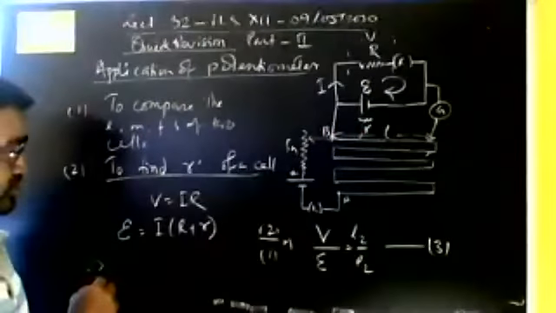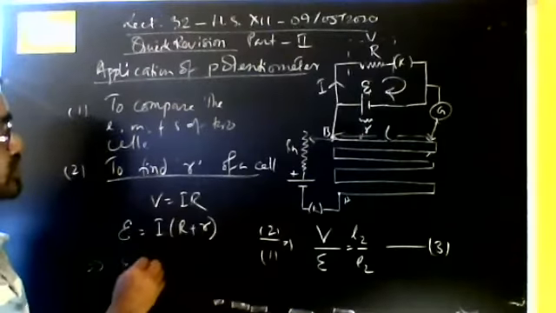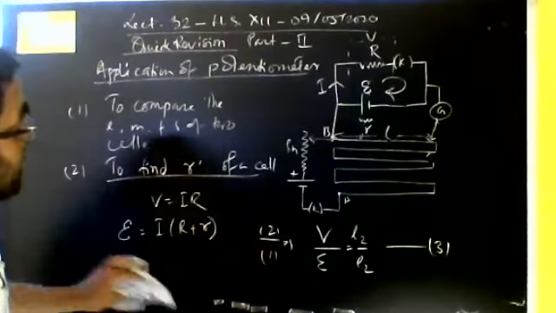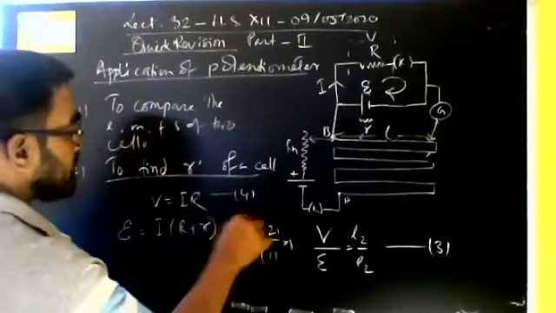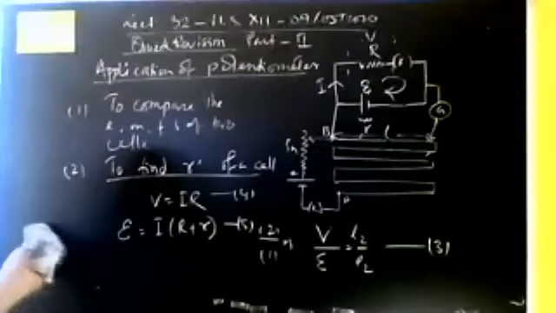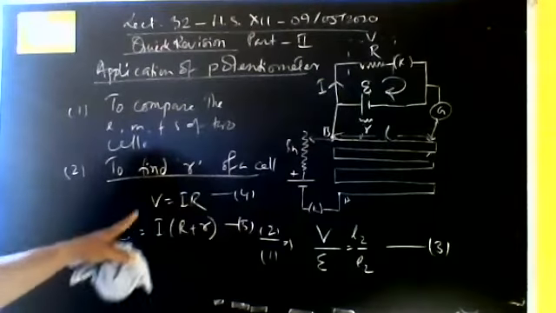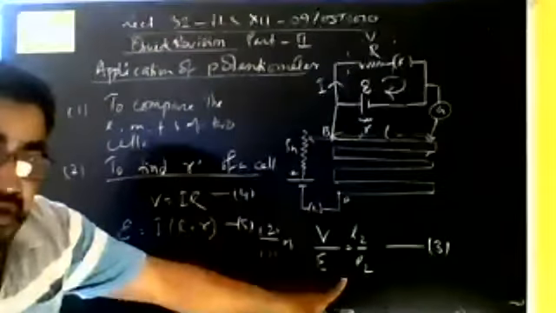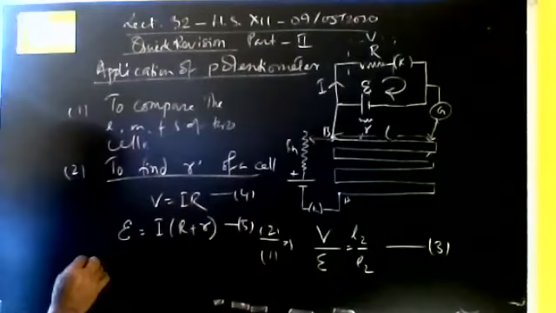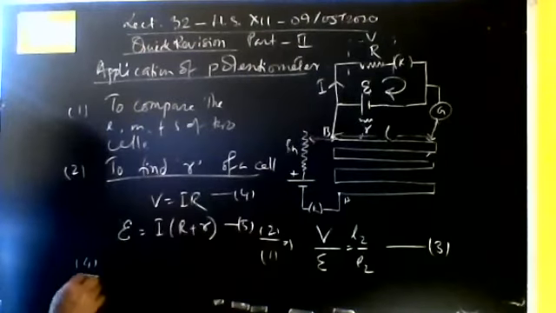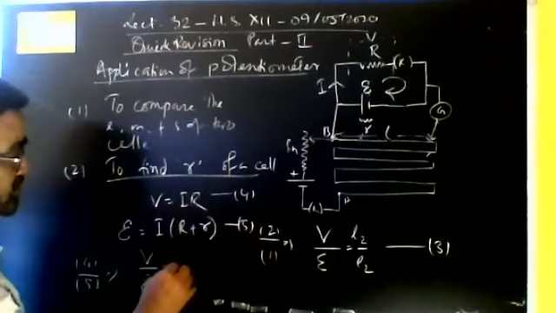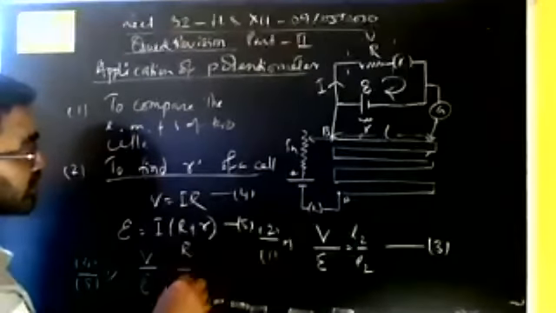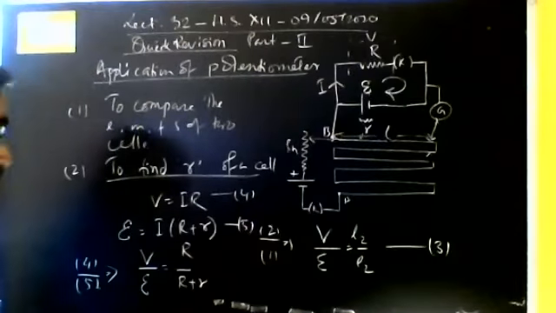So dividing equation 4 by 5, what you will get is V by epsilon is equal to R by capital R plus small r.